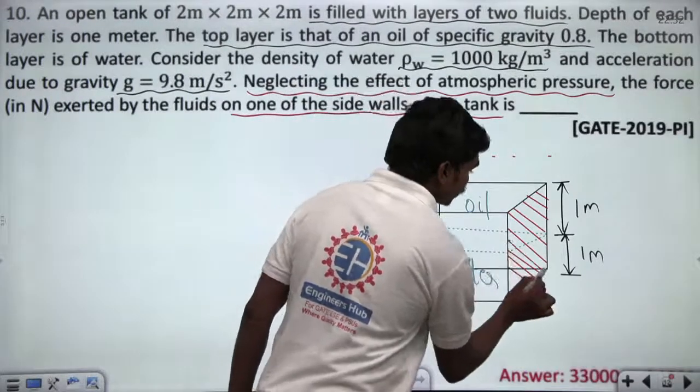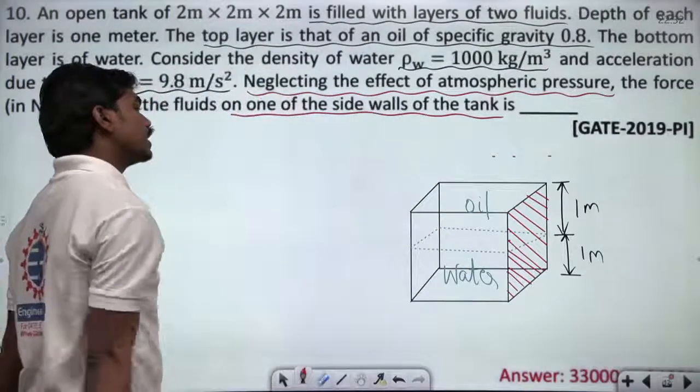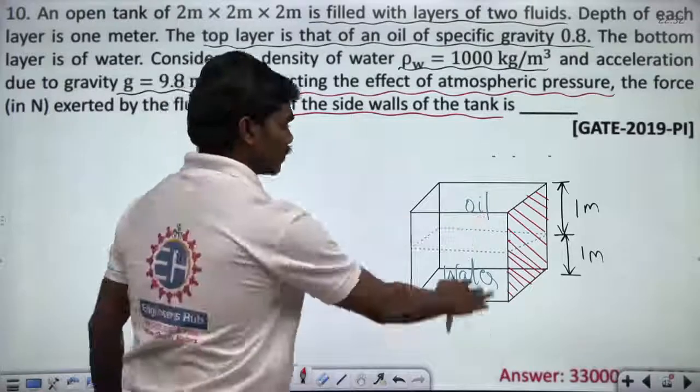Because this is the vertical face, what is the pressure exerted by this fluid on this face?